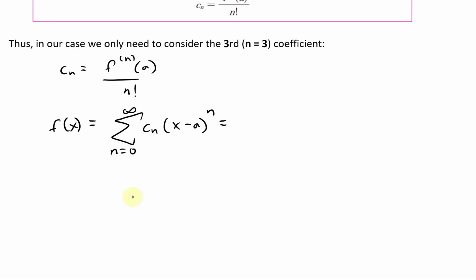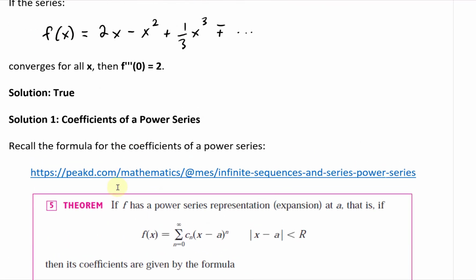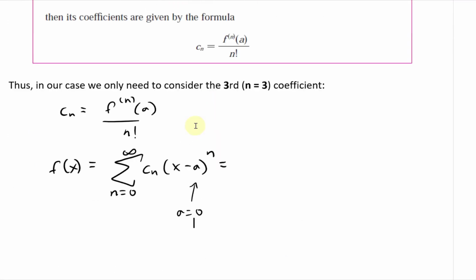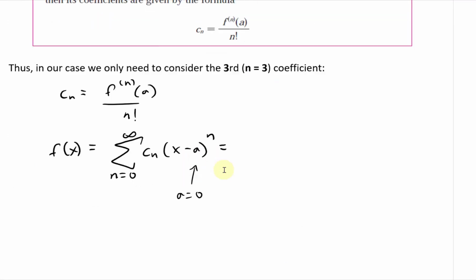Now this a is equal to 0 in our case, because you can see there's no a there. It's just x at the end.